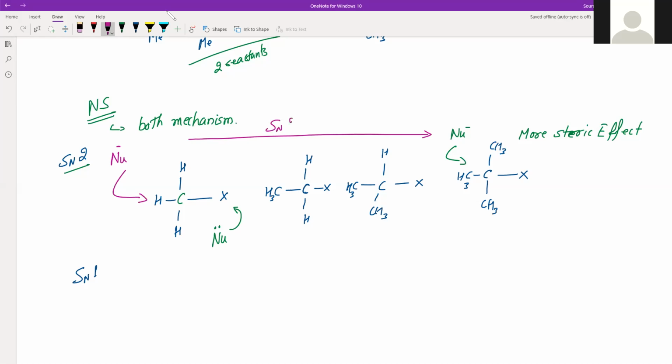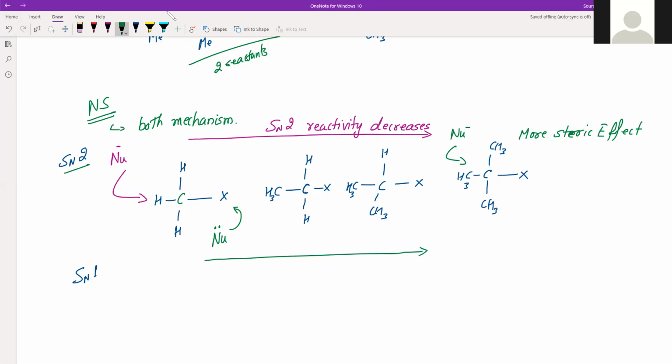So SN2 reactivity decreases. That mechanism decreases. It doesn't mean that the reaction won't take place. The conditions favoring that mechanism are not there. So that's why that mechanism won't be favored, right? And what happens about SN1?